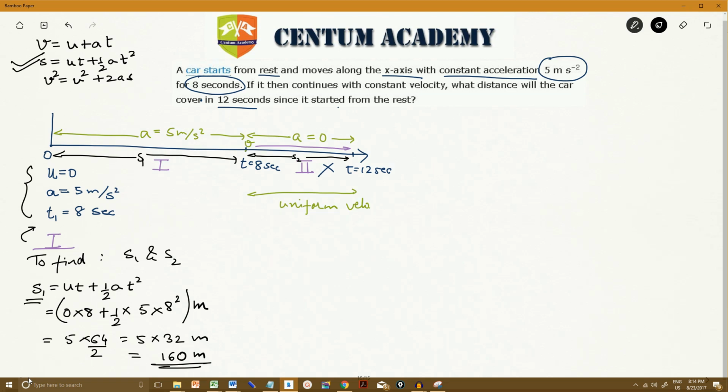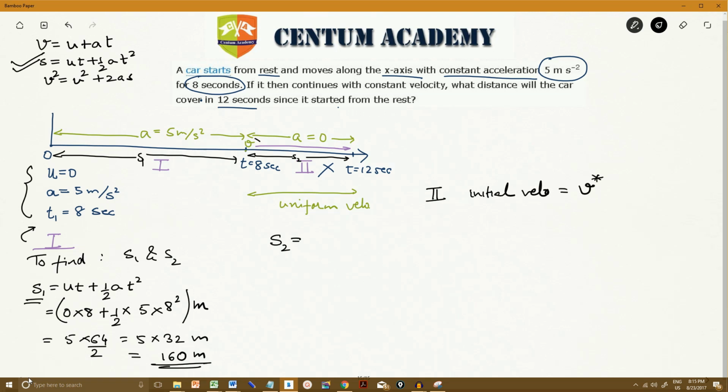Now what will be the phase 2 distance S2? Since there is no acceleration over here, we can write the same equation number 2. In phase 2, the initial velocity is v. Which v?